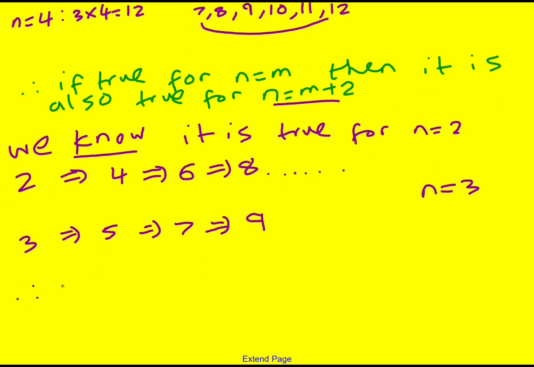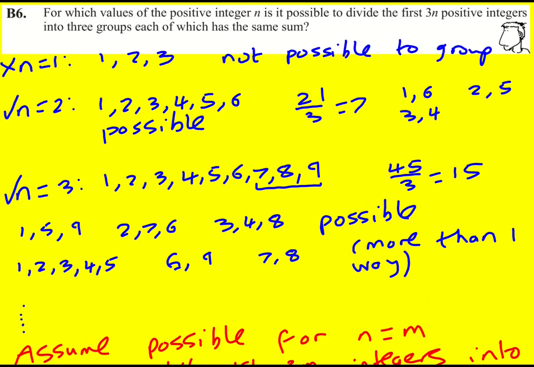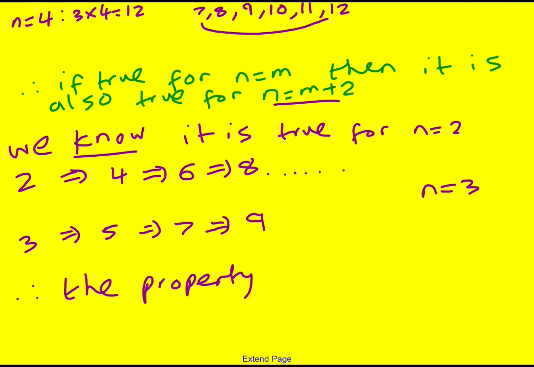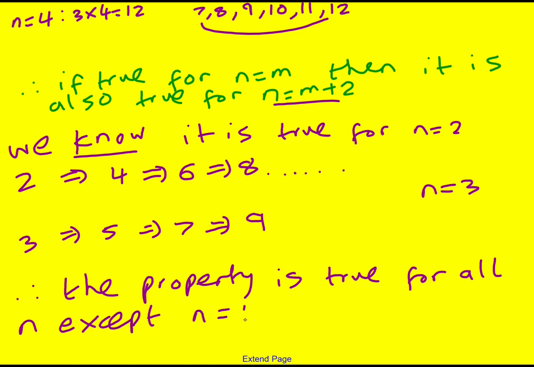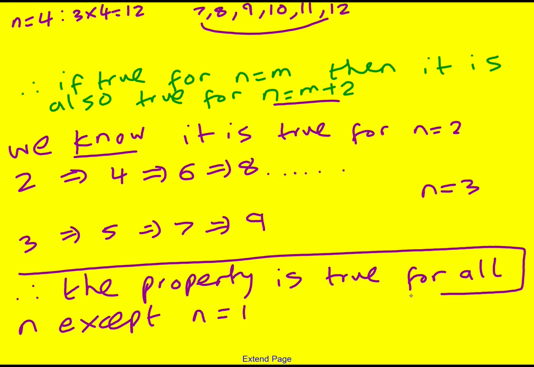So therefore, the property, and just let me remind you what the property was, the fact that for what integers of n can we divide the first 3n positive integers into 3 groups, each of which has the same sum. I'm not going to write that all down again, but the property is true for all n except n equals 1, where I showed that one was not possible.